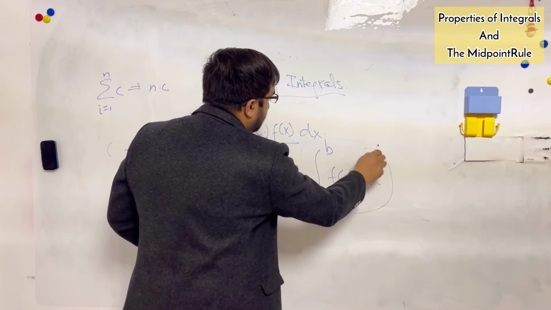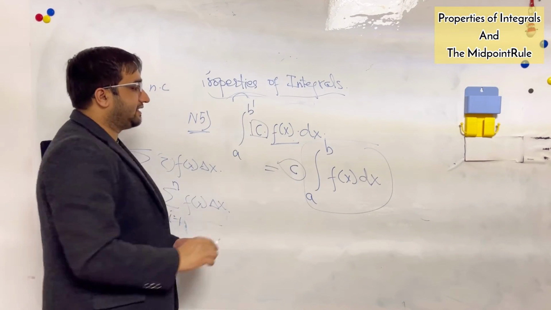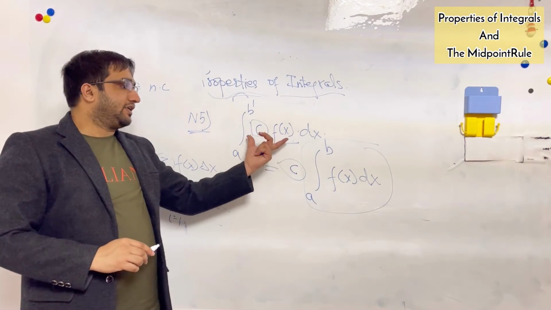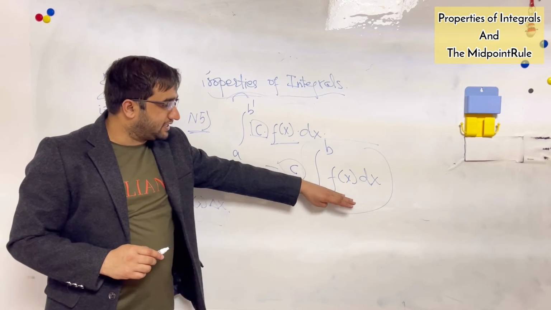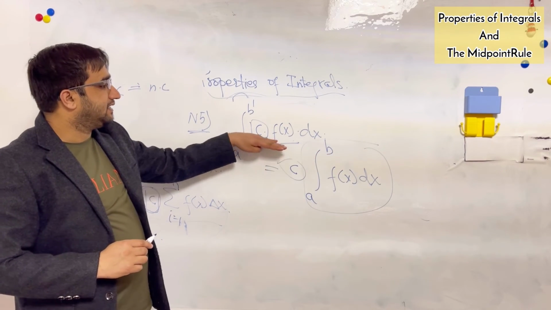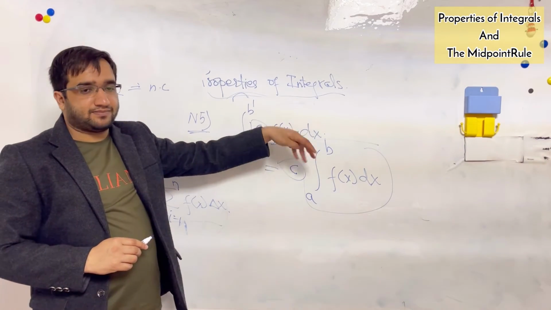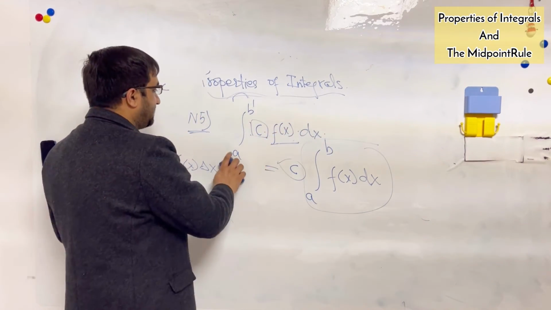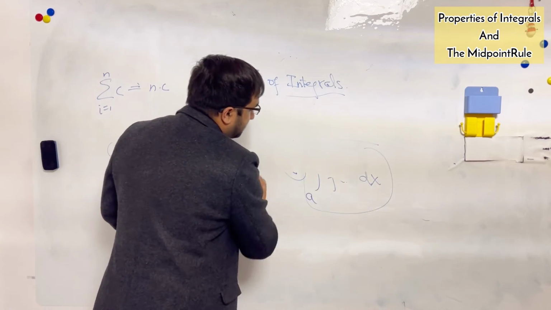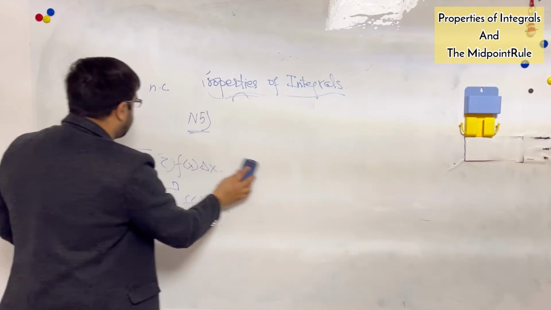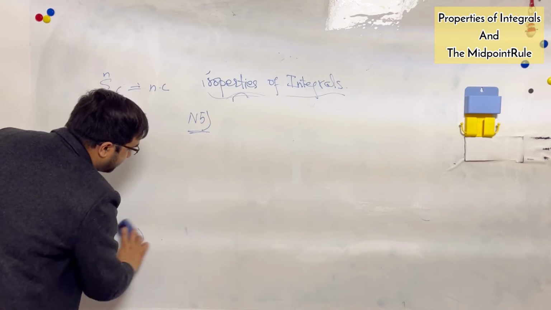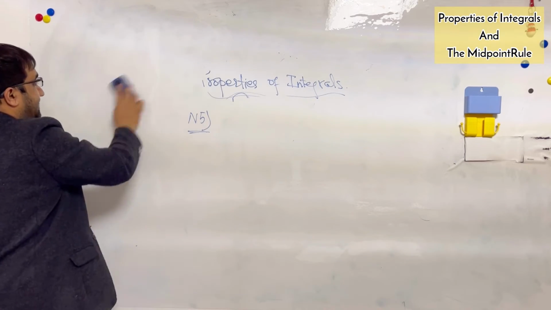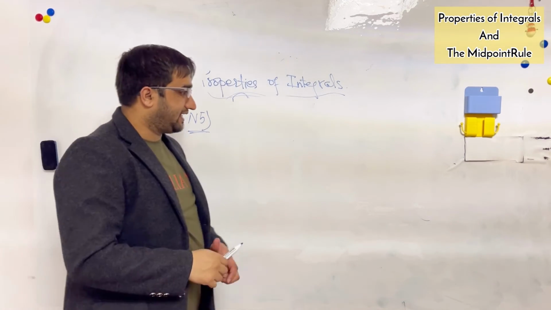Whatever the answer will be, just multiply it with the constant, both are same. If you don't want to do this, no problem. You can keep the c every time, but that will increase your burden. You have to write more. In both ways, the answer will be the same. Whether you keep it inside with every term or you just take it common outside and multiply it with the answer.